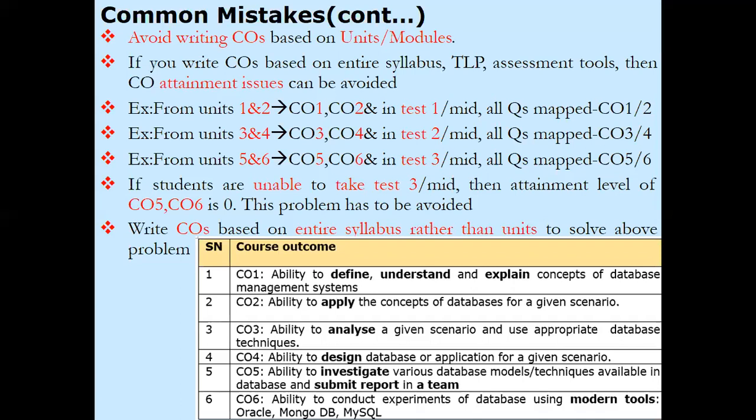If you take all three parameters, the entire syllabus, TLP and assessment tool, then CO attainment issues can be avoided. For example, from unit 1 and unit 2 you have written CO1, CO2. During the first mid, all the questions are mapped with CO1.